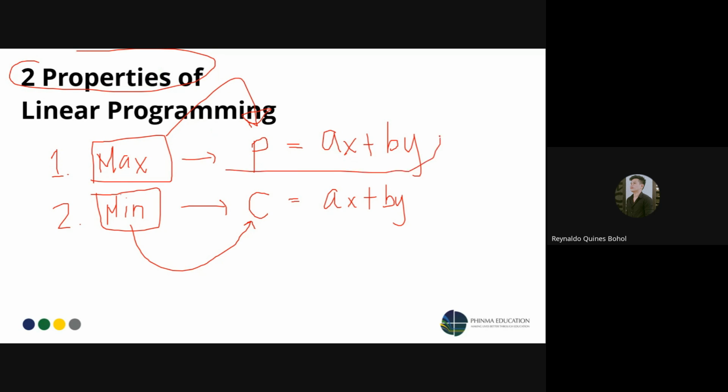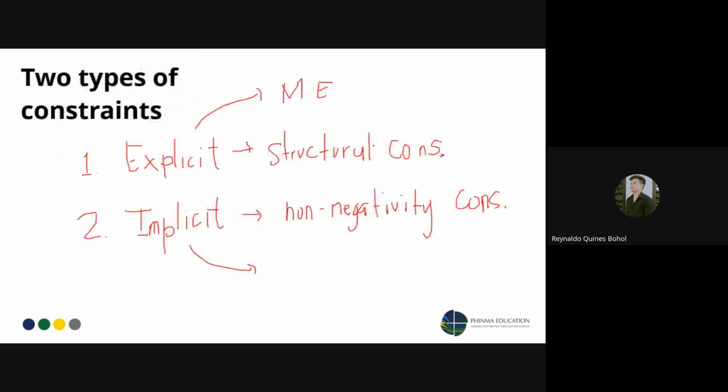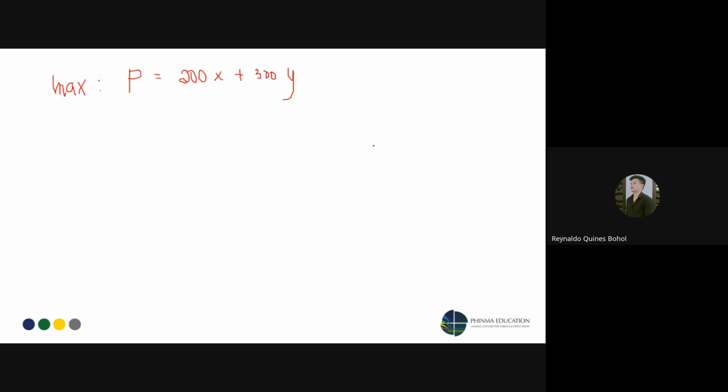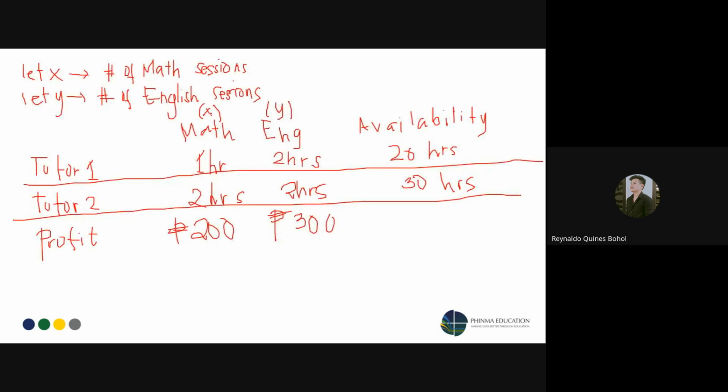The maximization is denoted as P equals AX plus BY, which is already written here in our maximize equation. So where does 200 come from? That's the 200 from math. That's why I put X, because math is X. I put Y for English, because English is Y.